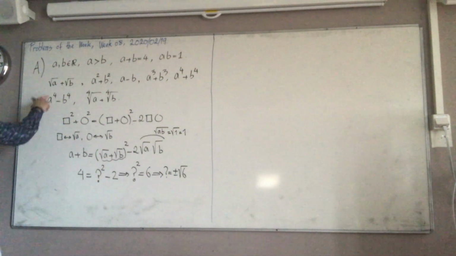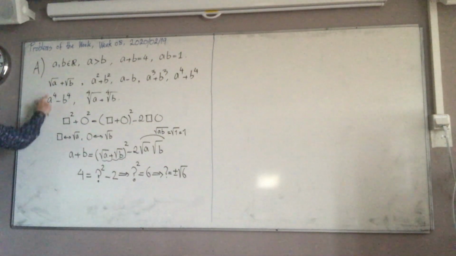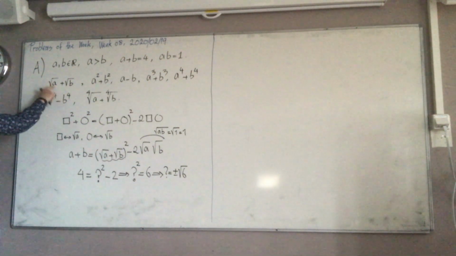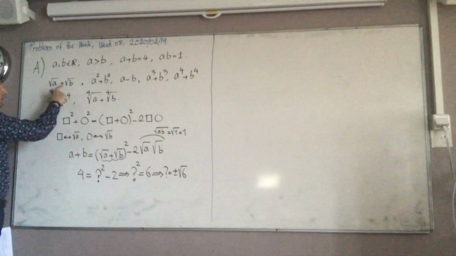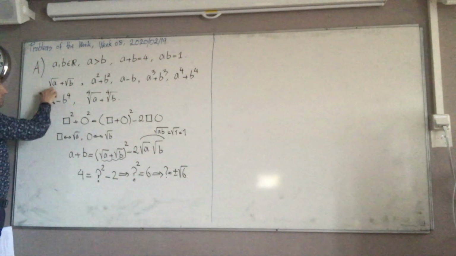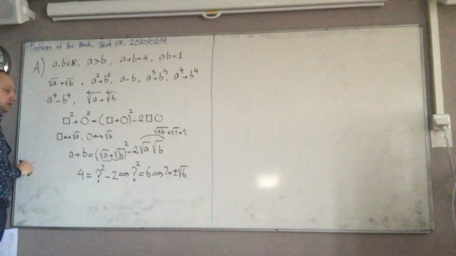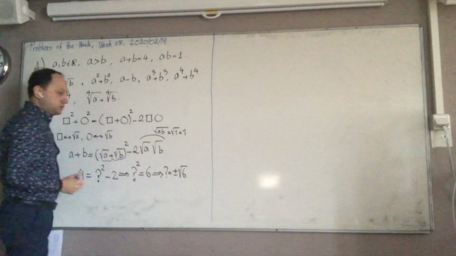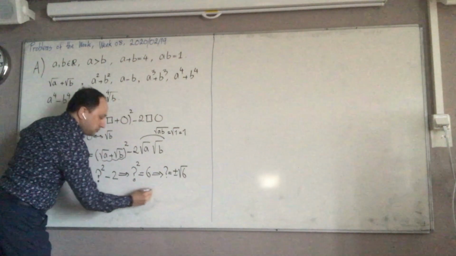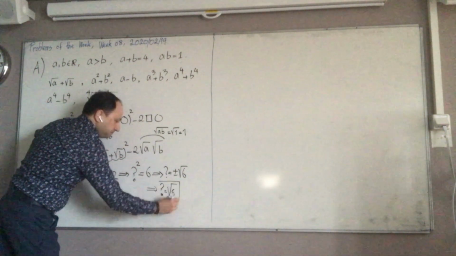But the question mark cannot be a negative number, because the output of any square root is non-negative. If I add two non-negative numbers, the sum should be non-negative. So minus the square root of 6 is not acceptable.